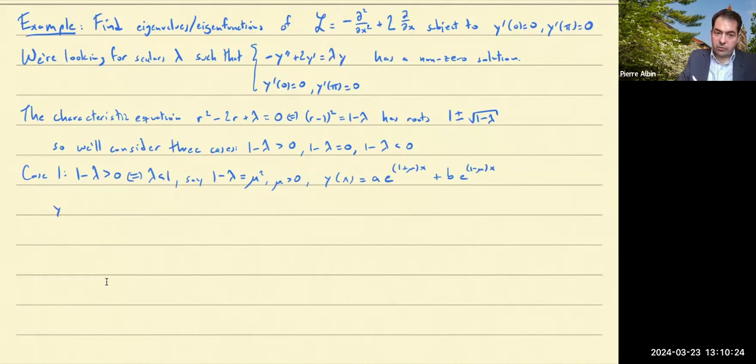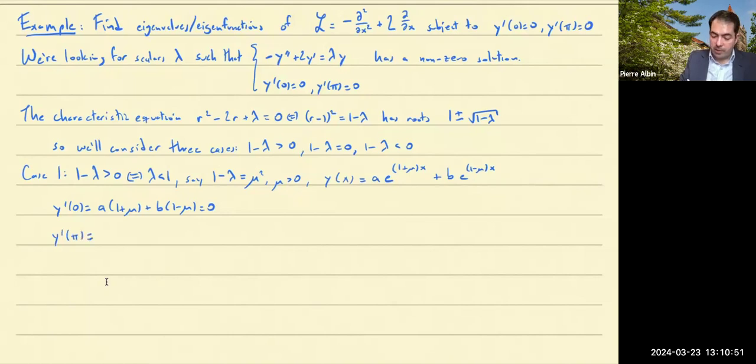Okay, and the boundary conditions we want to impose, y prime of 0 should be 0. So what's y prime of 0 here? Well, that would be a times (1 plus mu) plus b times (1 minus mu) equal to 0. And our other boundary condition, y prime at pi should be 0.